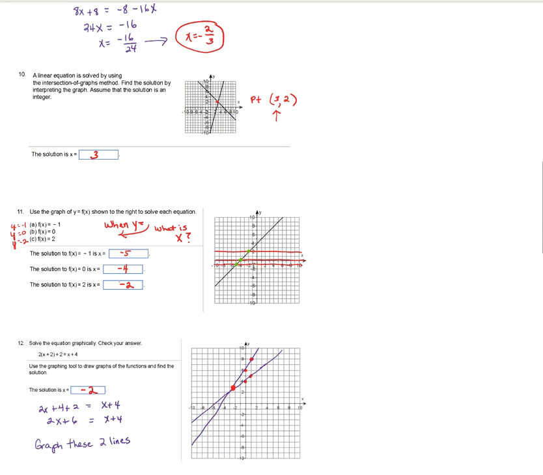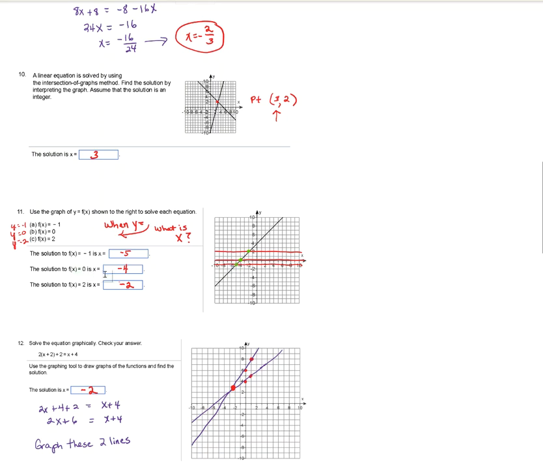We go across until we're on the line. Okay, so here is y equals -1. Where does that intersect my line? Right here at x equals -5.